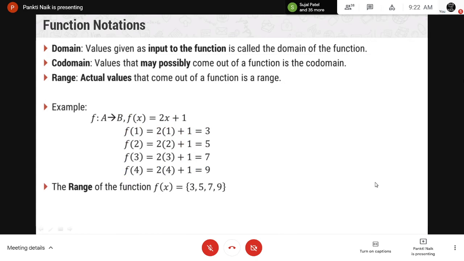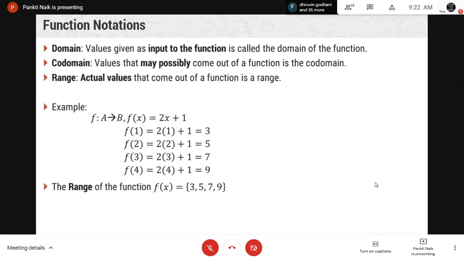Now there are some basic terminologies or notations which are used in functions. So first function notation is domain. What is domain? Values given as input to the function are called the domain of the function.